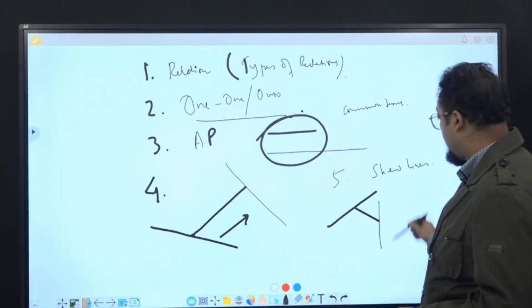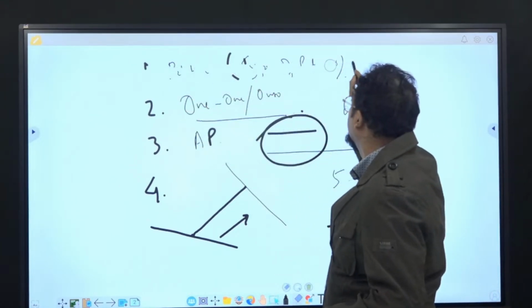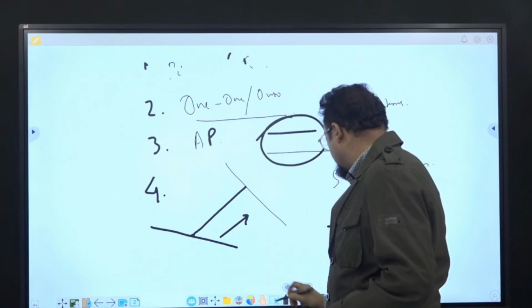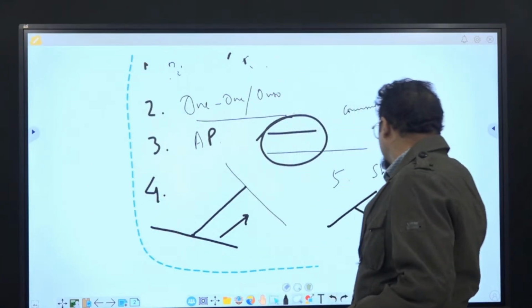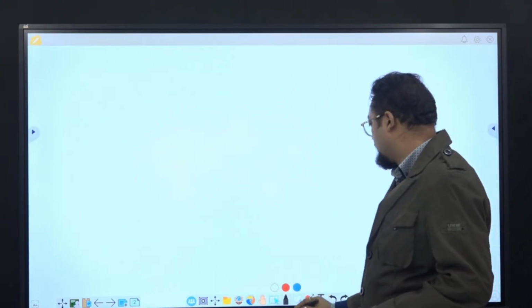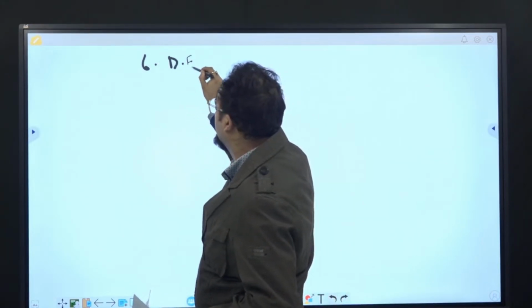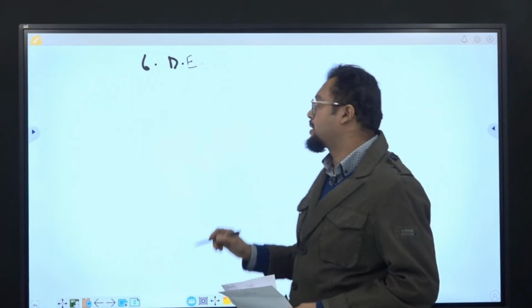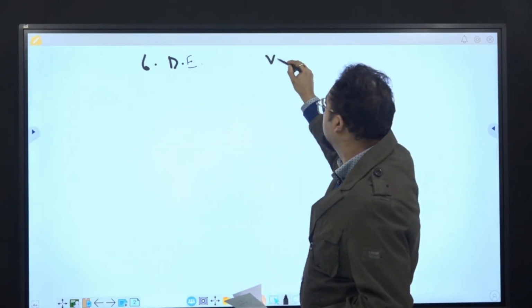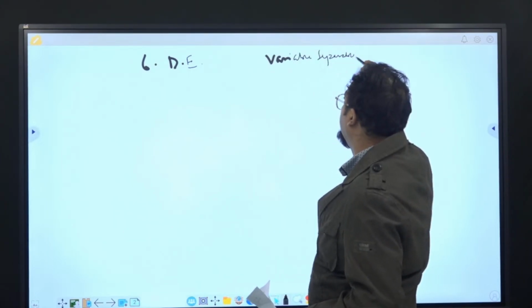Again, from differential equation, they asked problems from variable separable form, that is one of the very basic forms.